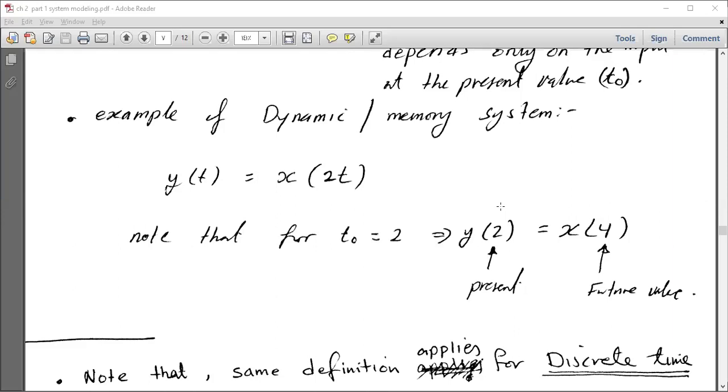Once more, if the output only depends on the present value of the input, then you have no need for memory at all, whereas if you need a future value or a past value of the input to decide the value of the current output, then you need memory. That's it. Okay?